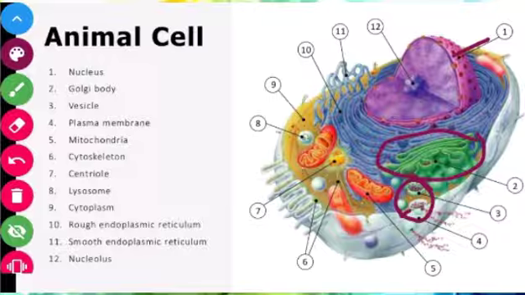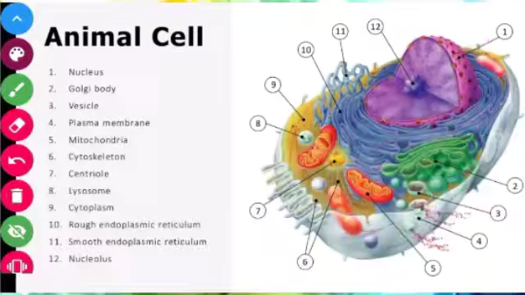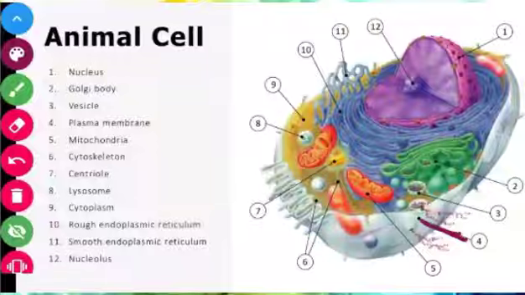Here is another one throwing out unwanted substances. Next, the fourth one is the outermost layer in the animal cell, the plasma membrane.